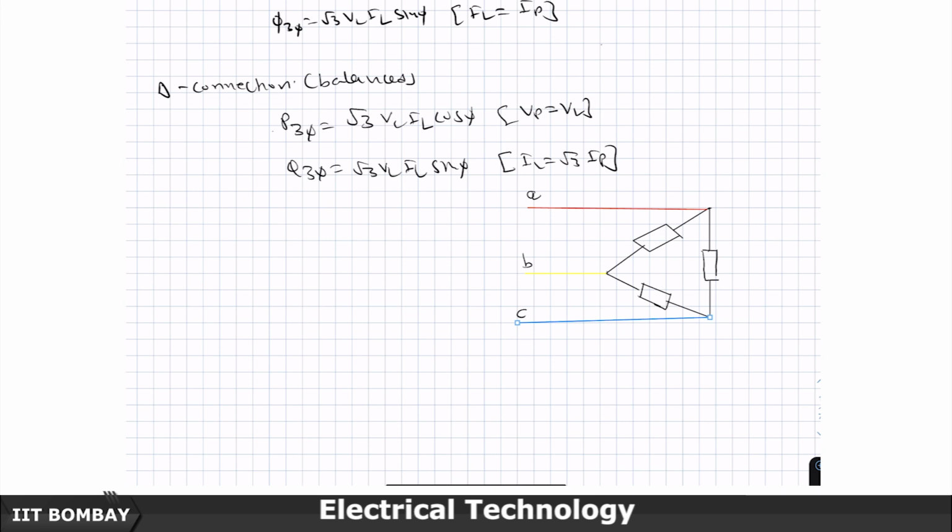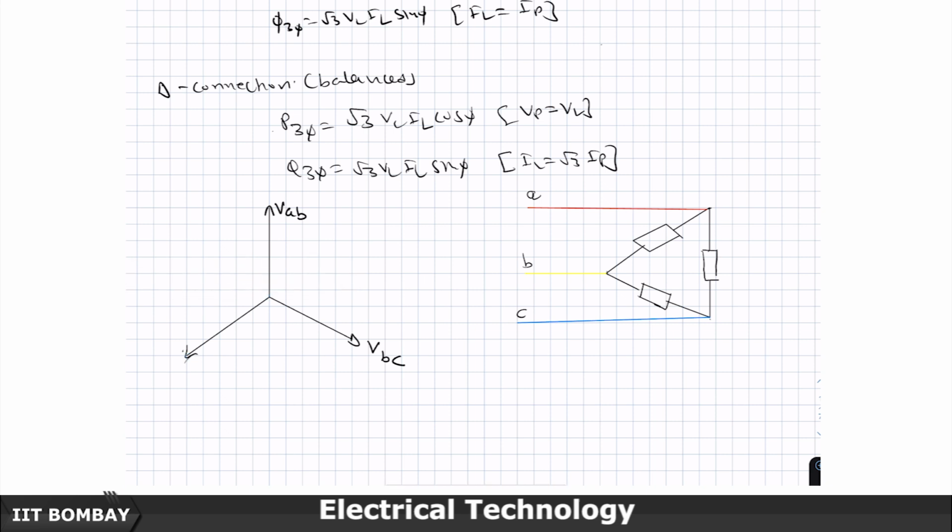So, I am going to have this as my VAB. The VBC is going to lag the VAB by 120 degrees. It will be equal in magnitude, and this is going to be my VCA.